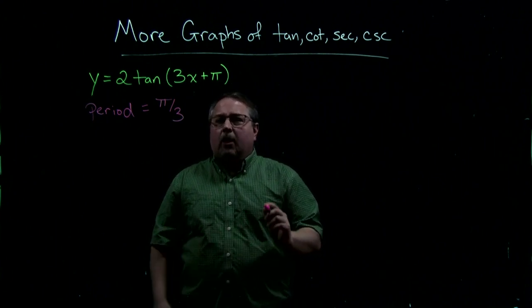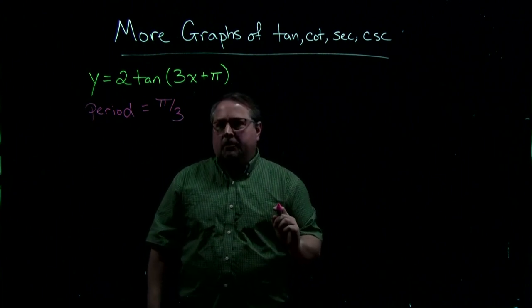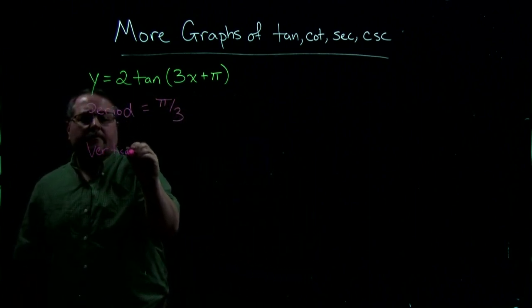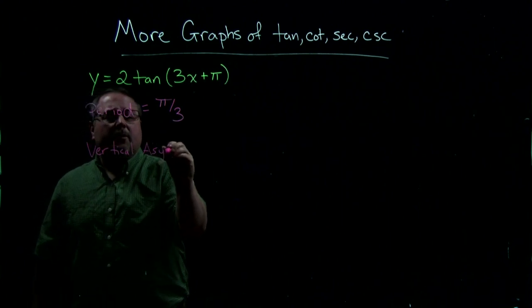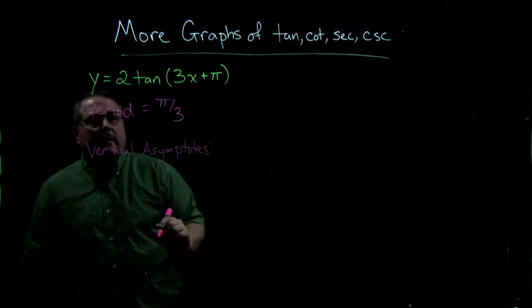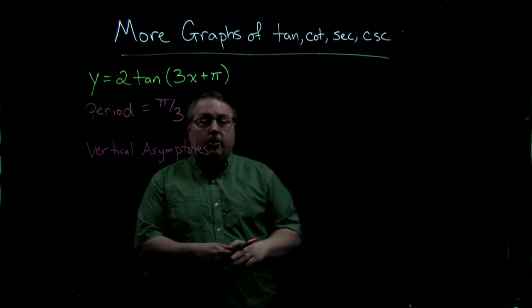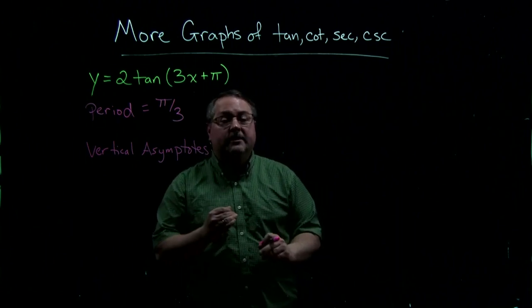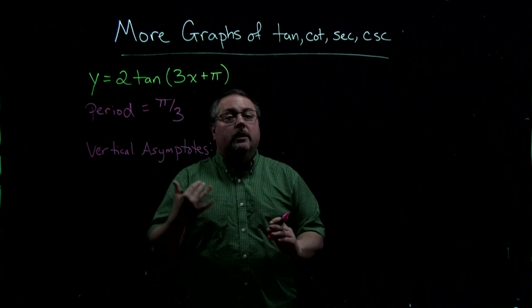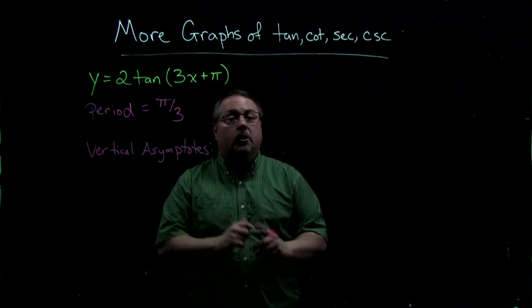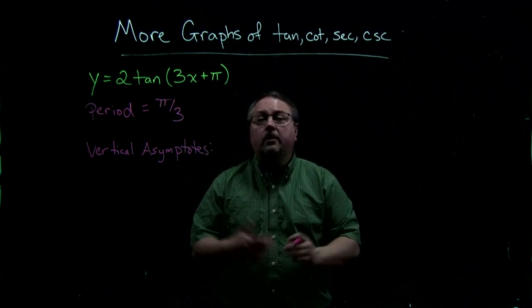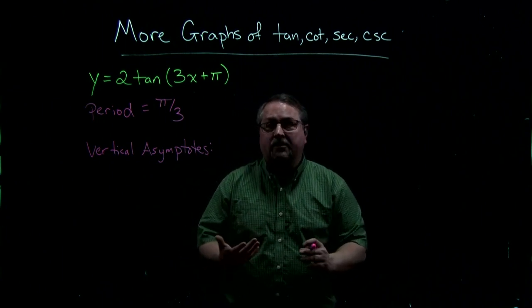All right, now let's think about where two of our vertical asymptotes are going to be. Remember, for the tangent graph, the vertical asymptotes occur where the cosine is equal to 0, since tangent is sine over cosine. In other words, when our angles are coterminal with pi over 2 or 3 pi over 2, along the y-axis on the unit circle, our tangent was undefined and we had vertical asymptotes.